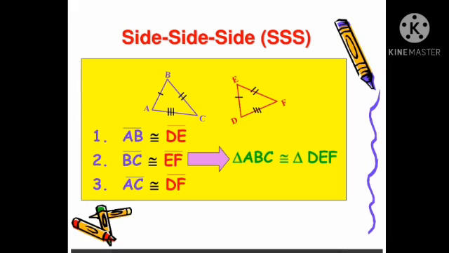If three sides of a triangle are equal to the corresponding three sides of another triangle, then the triangles are said to be congruent. Observe here, two triangles are drawn, triangle ABC and triangle DEF. Both are congruent according to side, side, side, because AB is congruent to DE, BC is congruent to EF and AC is congruent to DF. Here we compared only sides, so it is called the side, side, side congruency rule.